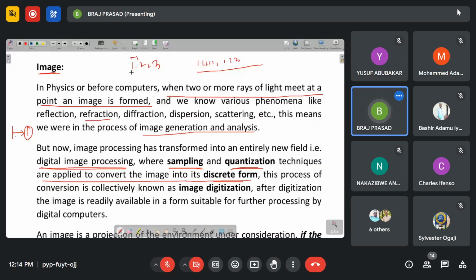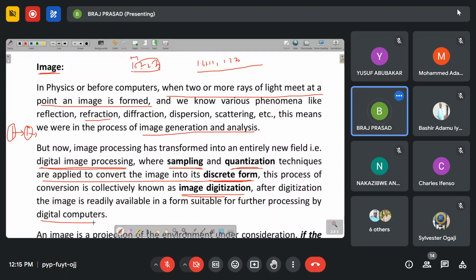This process of conversion is collectively known as image digitization. To convert this image into discrete form, we use the process of image digitization. After digitization, the image is readily available in a form suitable for further processing by digital computers.